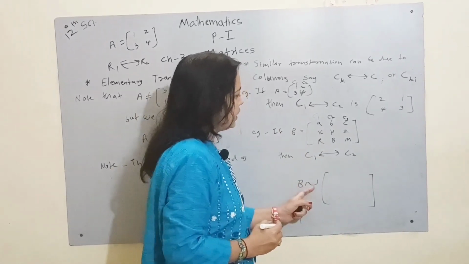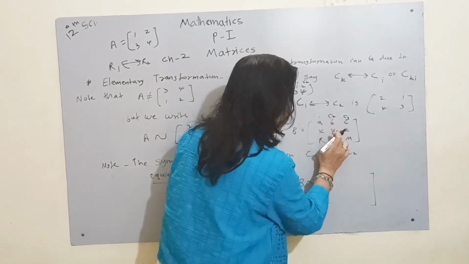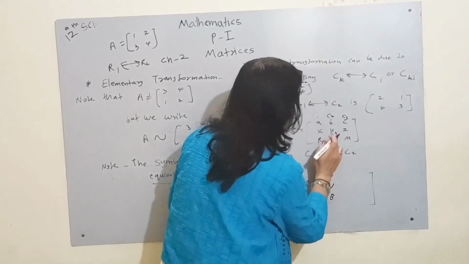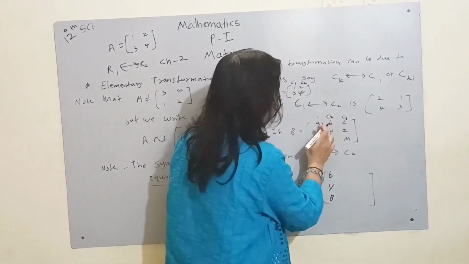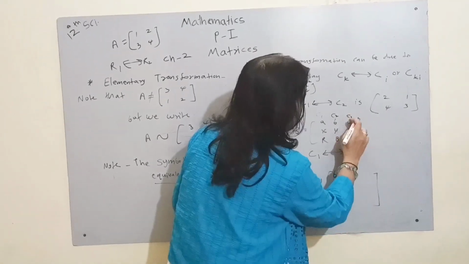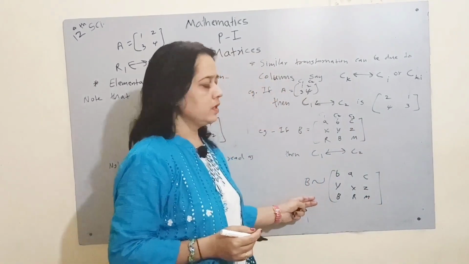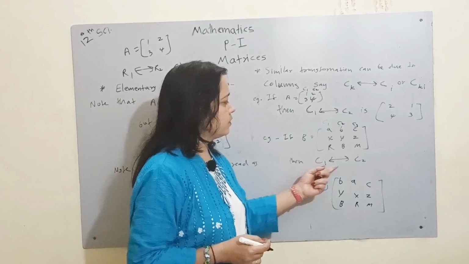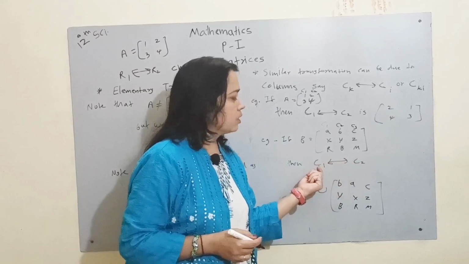So B is equivalent to C1 to C2 and C2 to C1, meaning B, Y, B. These elements are here, B, Y, B, the C2 elements in place of C1, and the elements of C1 in place of C2: A, X, R. And the third column as it is, C, Z, M. This is our new matrix. We did here C1 to C2, meaning interchange column 1 and column 2.